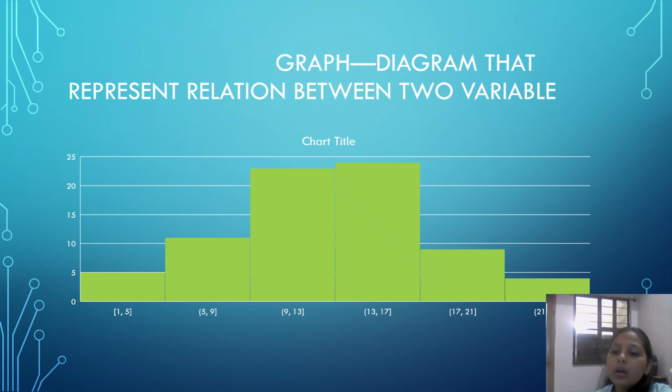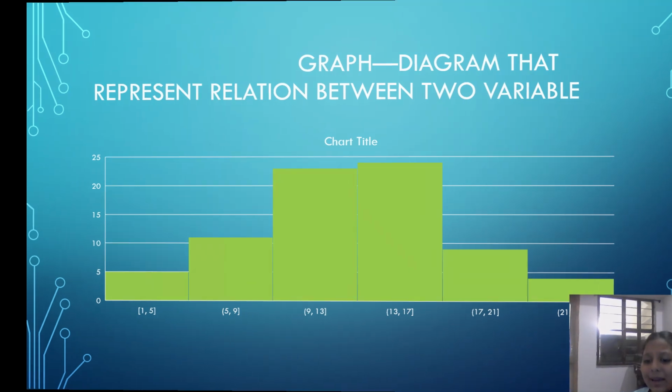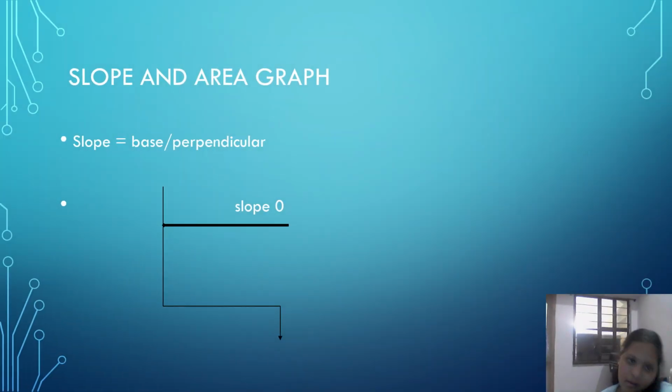Now, what is a slope and area graph? What is a slope? So when you divide perpendicular by base, it will be slope. So guys, in the slope and area graph, slope is base divided by perpendicular.